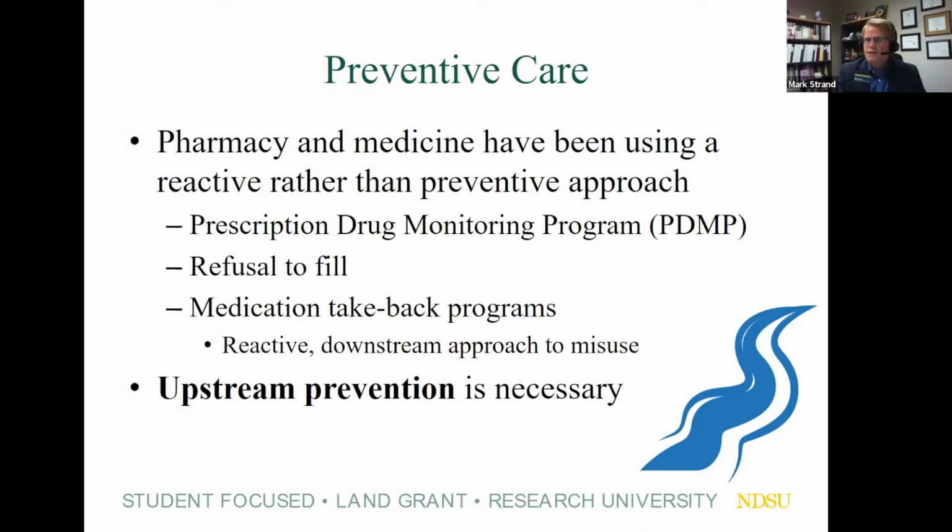So that's a supply side restriction. Then that results in refusal to fill. Additionally, medication take-back programs where we encourage them to take them out of their homes is really a supply side reduction. But we consider that upstream prevention is what's needed most.